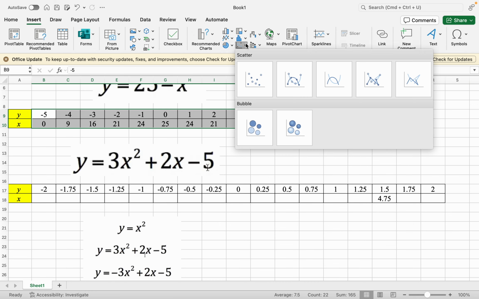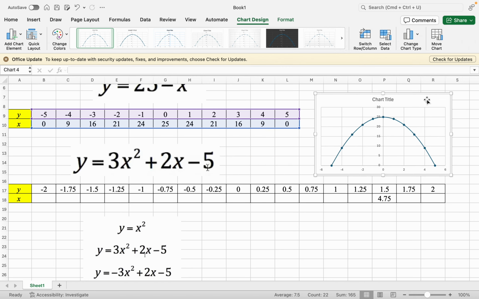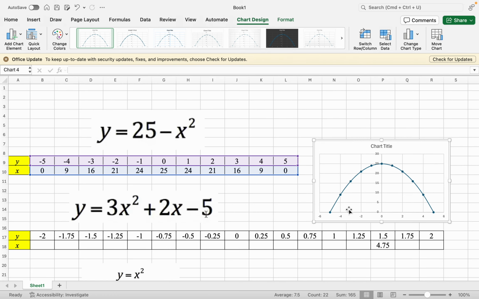I want a scatter graph, but with a curve through it. And you get that sort of curve, which is known as a parabola. Generally speaking, anything with an x squared in it as the highest power will generate that kind of curve, a parabola.